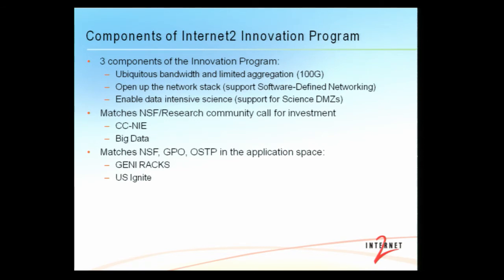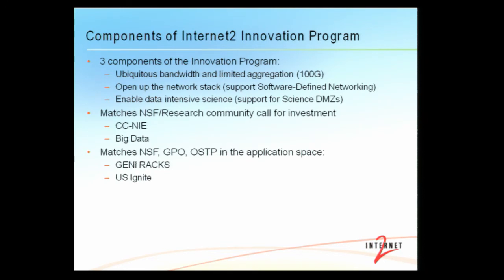And these three components of our innovation program match up well with what we're seeing on a funding basis. The NSF has launched the Big Data Initiative and the CCNIE program, which is its first really significant investment in network research in a long time. So there's a lot of synergy with what's going on within the rest of the US.